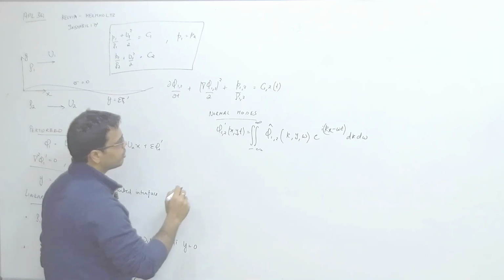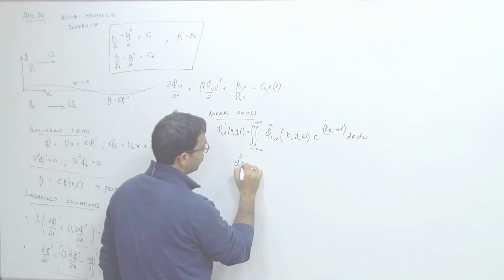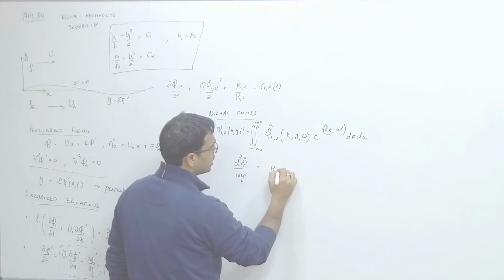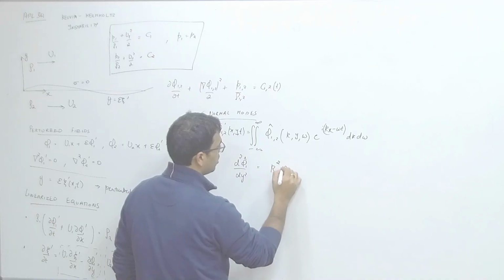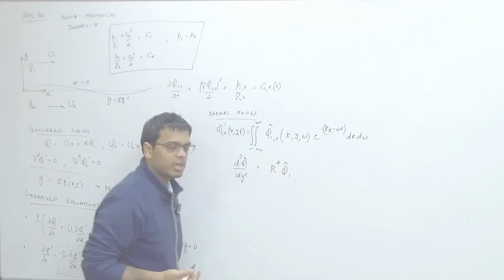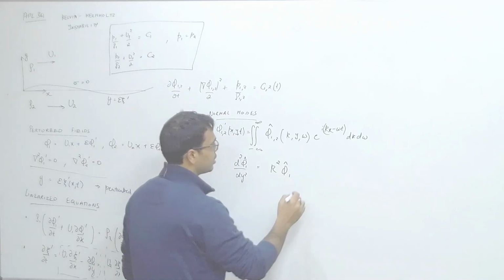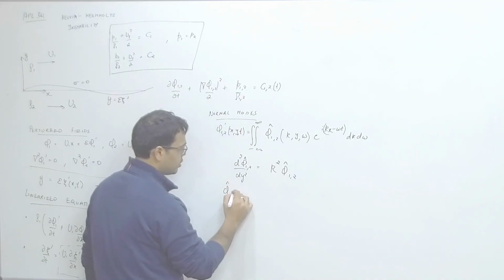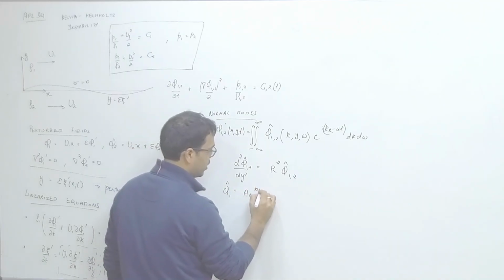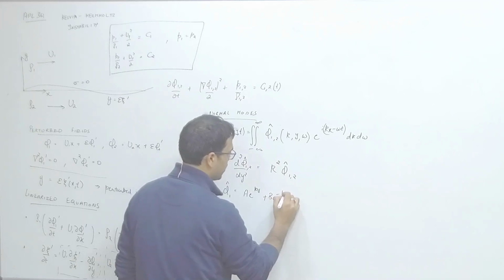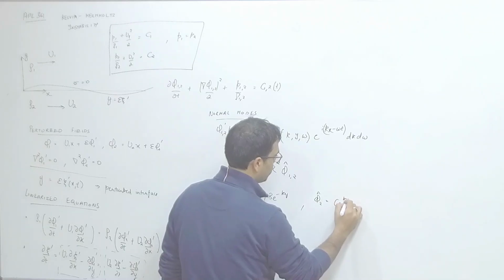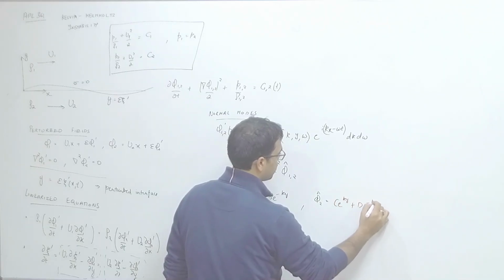you get d2 phi1 hat by dy square equals k square phi1 hat, and same thing for phi2 hat. Okay, basically. So phi1 hat was a e to the power ky plus b e to the power minus ky, and phi2 hat is c e to the power ky plus d e to the power minus ky.